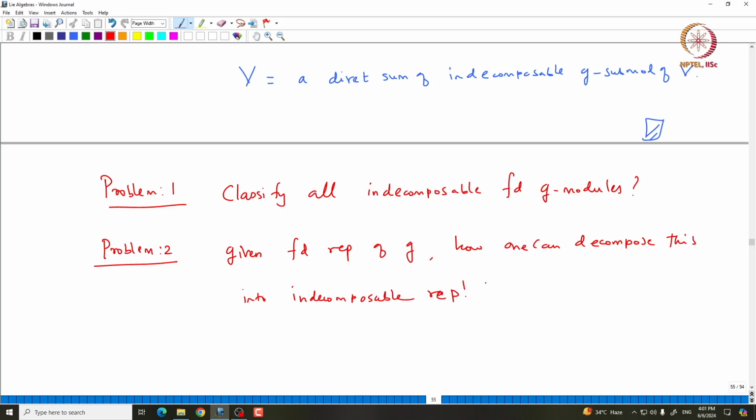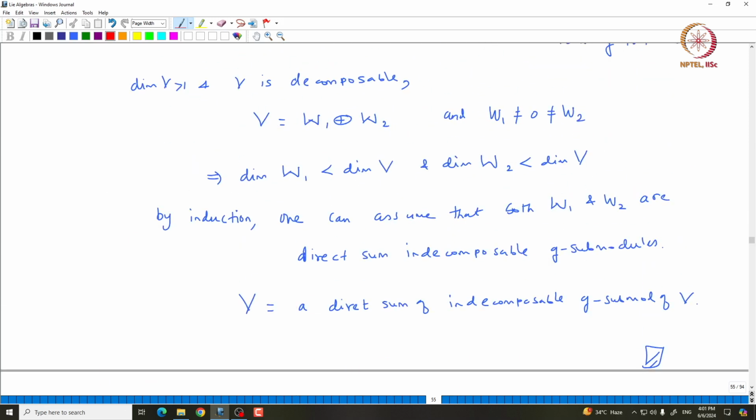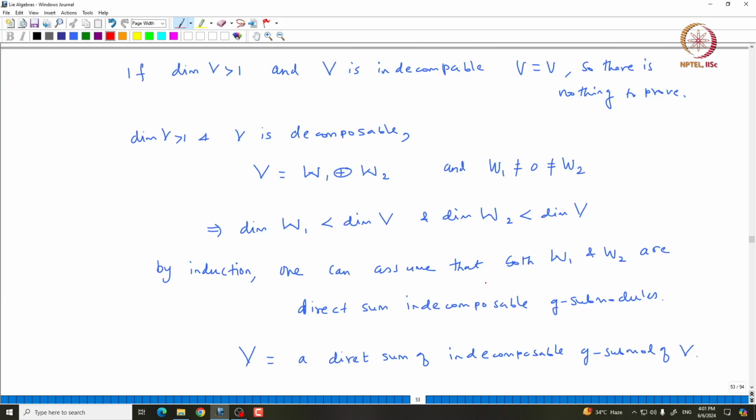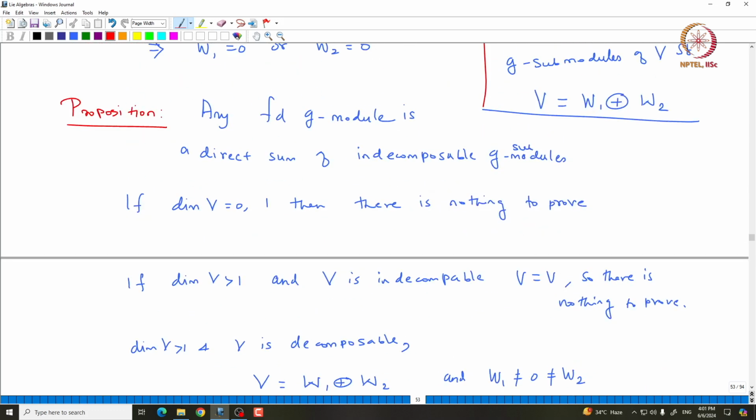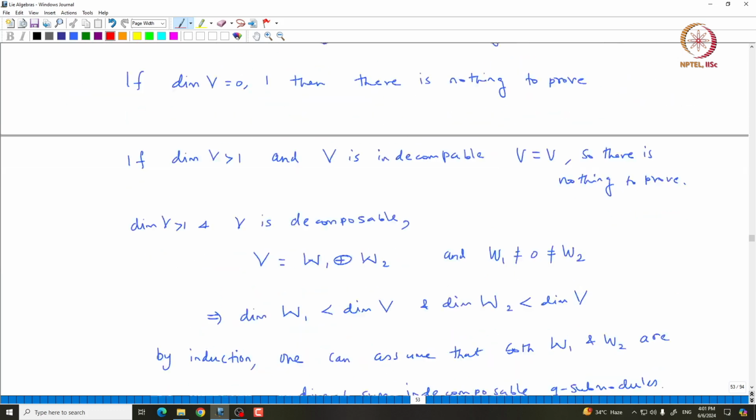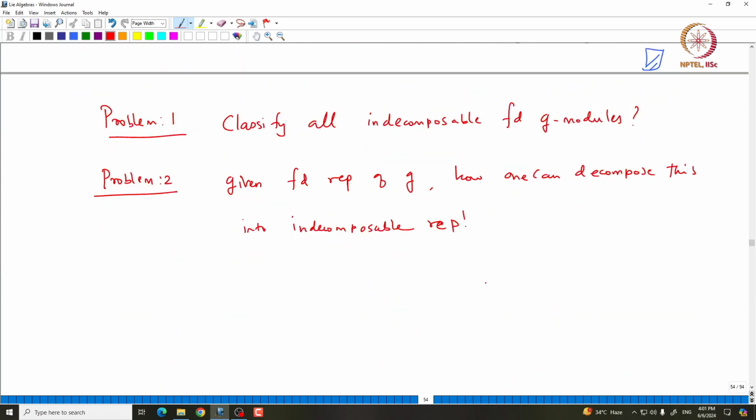Theoretically, we know that any given finite dimensional representation can be written as a direct sum of indecomposables, and that proof is very simple, as it is for integers: any integer can be written as a product of primes. Very similar to that, one can prove that any finite dimensional G module is a direct sum of indecomposable G modules. This is just a very simple proof. But given a finite dimensional representation, how one can decompose it, whether there is any algorithm to do this and so on, that is actually the most difficult question.